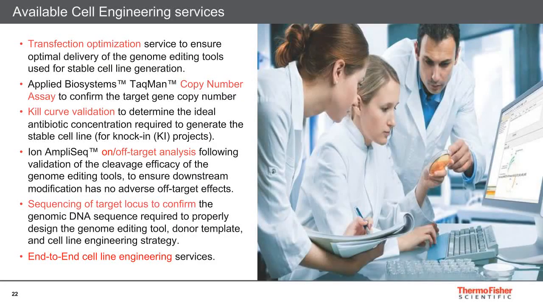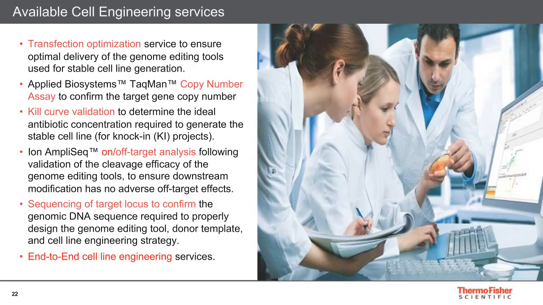With that, I'm at the point where I can tell you about all the various cell engineering services that my group provides here. No cell line is too difficult for us. We perform a transfection optimization to identify the best conditions to deliver genome editing reagents into the cells. Then we can carry out a copy number assay to understand the copy number of the gene, because the cell lines are generally heterogeneous, so we need to understand that.